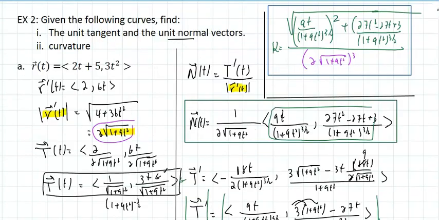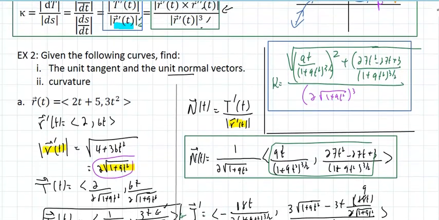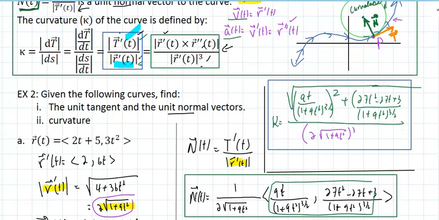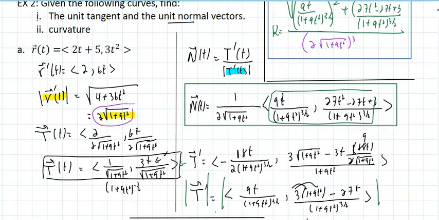Alright. It seems I made a mistake. I apologize. I didn't pay attention that the normal is divided by, oh boy, the magnitude of T prime of t. That's really what I meant to say. So the denominator shouldn't be this.